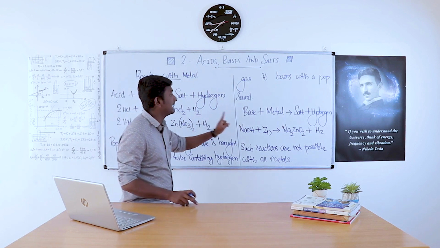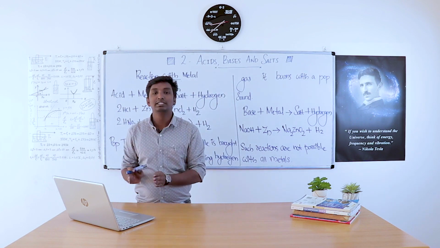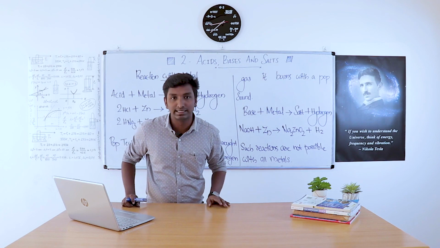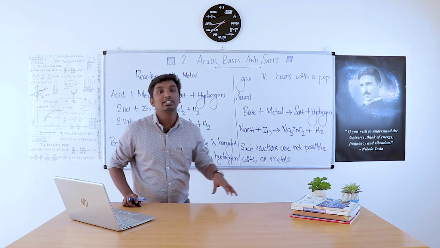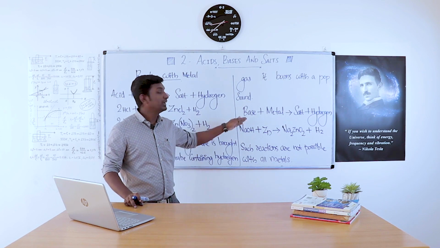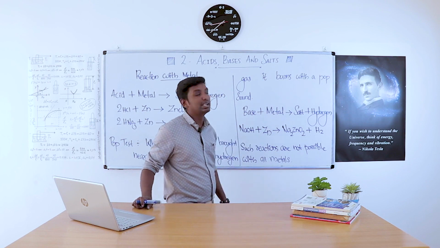Now, a base reacts with a metal. What happens? When a base reacts with a metal, it gives the same products, that is salt and hydrogen. So we can write: base plus metal gives salt plus hydrogen.